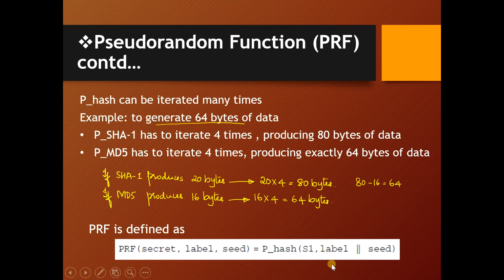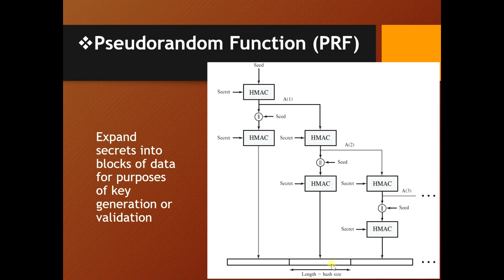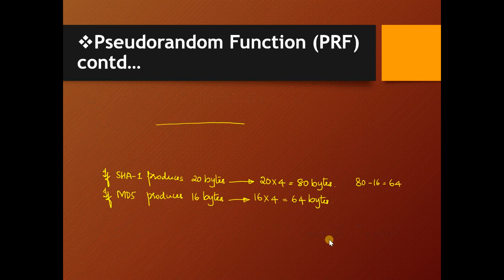That is what is shown in this algorithm. So every PRF will take as input a secret value, an identifying label, and a seed value, and will produce an output of arbitrary length.